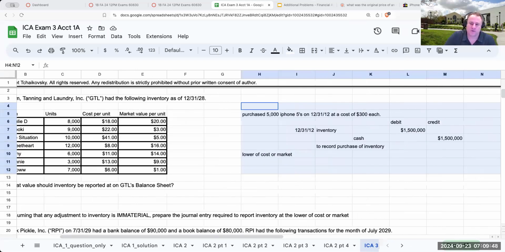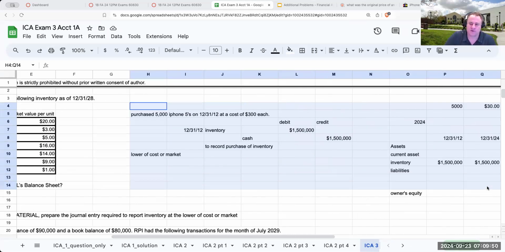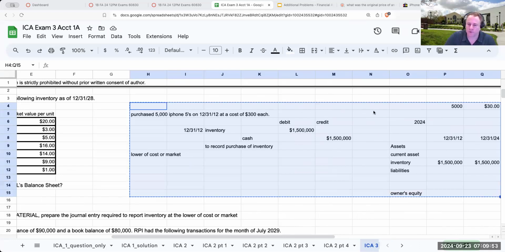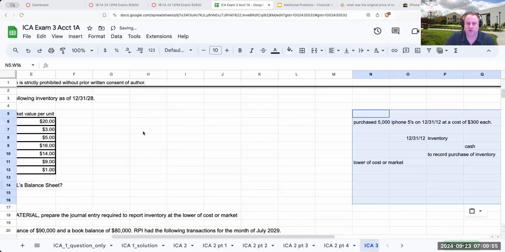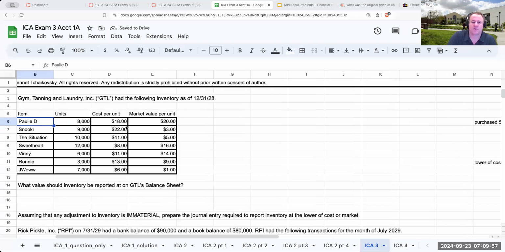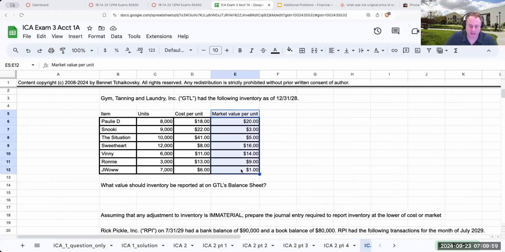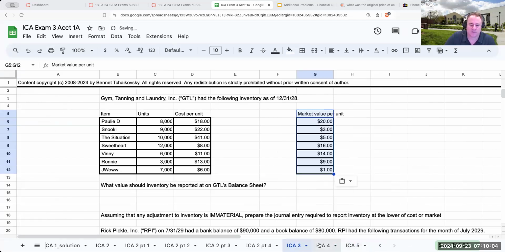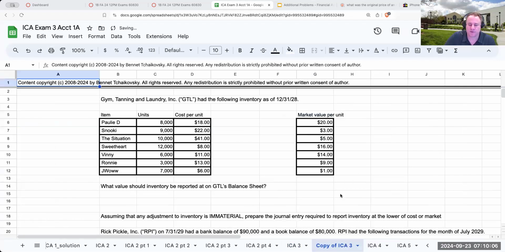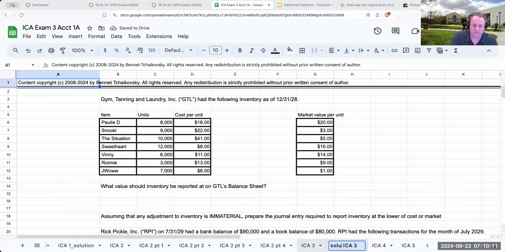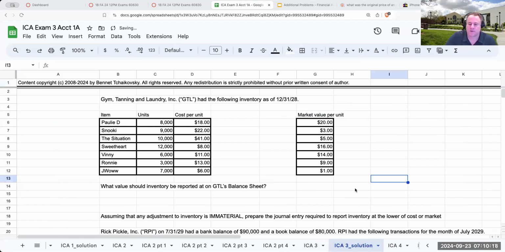So let's just queue a few other things right now. The value of this inventory on our books as of right now is going to be how much? Let's ignore the market value just for a moment. I'm going to duplicate this, and pause real quick.